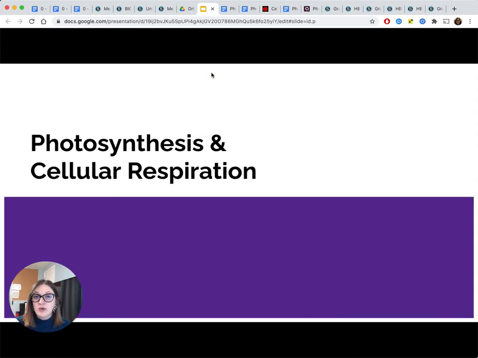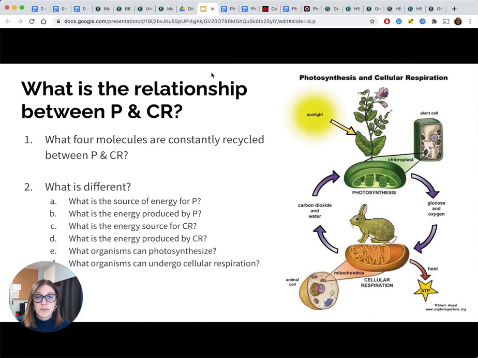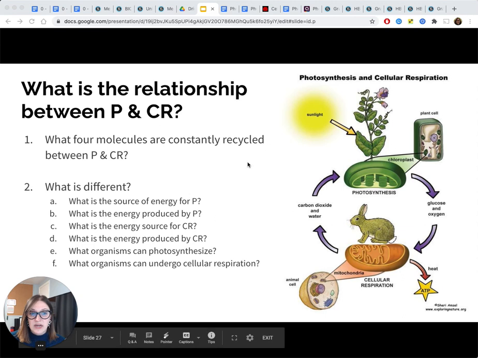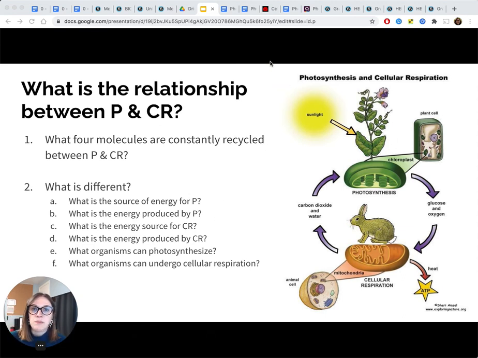Let's compare and contrast the processes of photosynthesis and cellular respiration. So I want you to observe the image on the right side of your screen. What is the relationship between photosynthesis and cellular respiration? When you take a look at this diagram, what 4 molecules are constantly recycled between these 2 processes? What is different between them?